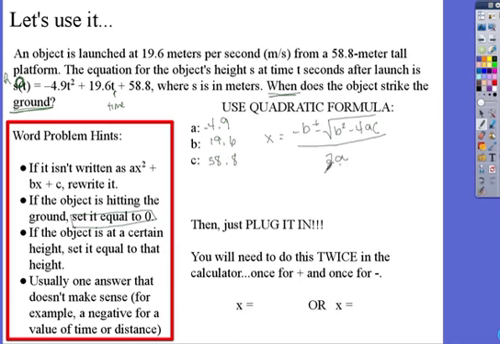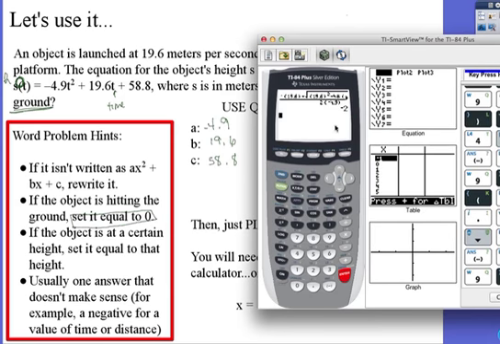Let me write that down. x is negative 2. But that's only one of my solutions. Instead of rewriting all that, I'm going to go up here and highlight it, click enter again, and that will copy the equation. Then you just move your cursor back through it and change that plus to a minus.